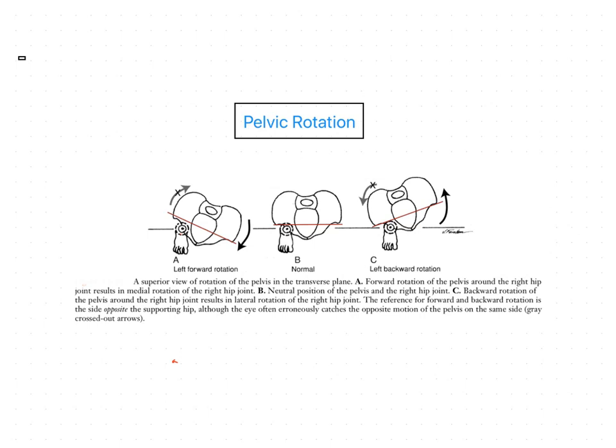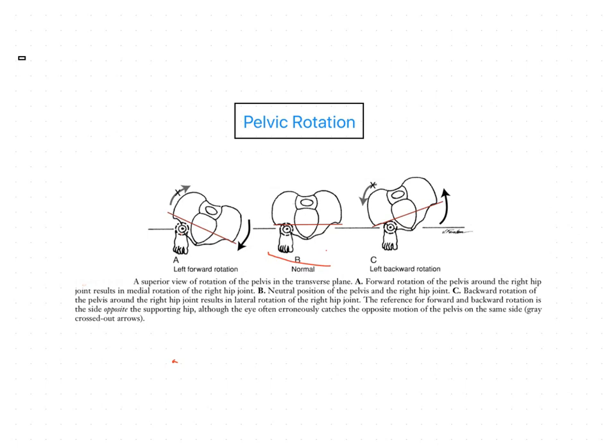On this point, the pelvis is going to rotate now. Here, in the B picture, this is the neutral position of the pelvis and the right hip joint. Okay.